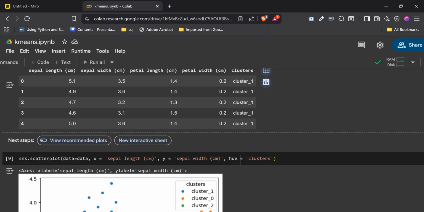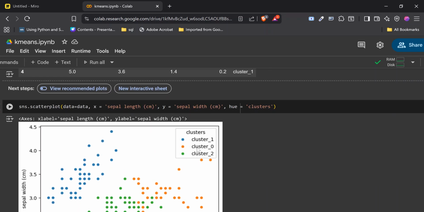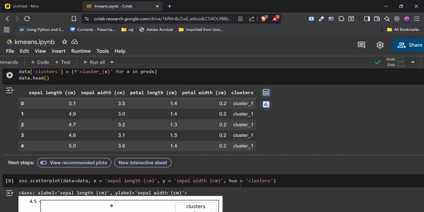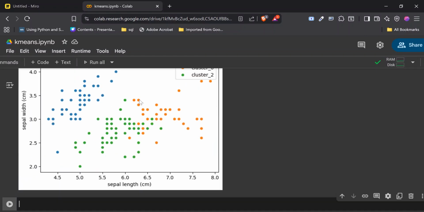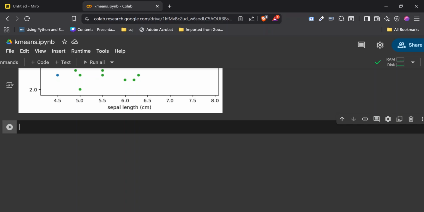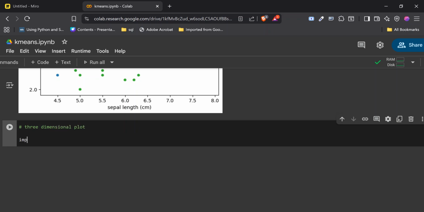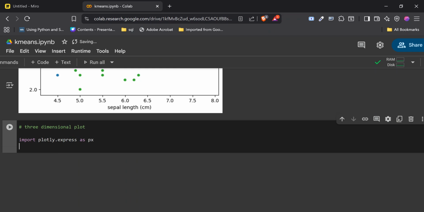So we are seeing a relationship. However, this is not the real relationship that exists, right? Because to actually visualize the relationship, we are going to have to plot all of these 4 columns. In fact, we can look at this on a 3-dimensional chart. So we can do, I don't think we have plotly, but plotly.express as px.